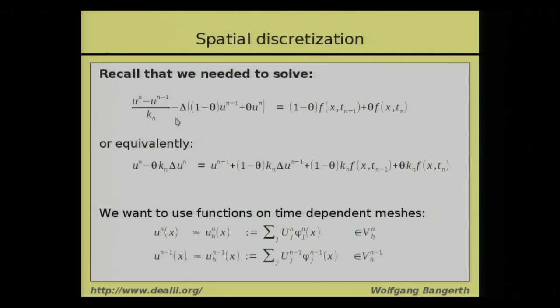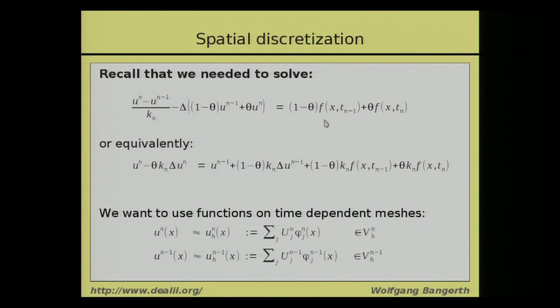So recall that we needed to solve an equation like the one at the top here. We used the theta scheme, right? So we replaced the time derivative by the finite difference approximation of the derivative, u^n minus u^(n-1) over the time step k_n. And then we replaced the u by (1 minus theta) u^(n-1) plus theta u^n, and the same thing on the right-hand side.